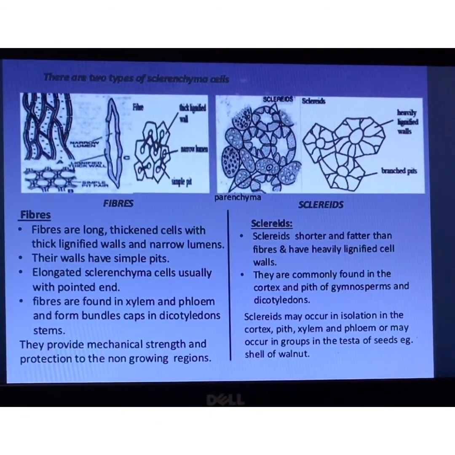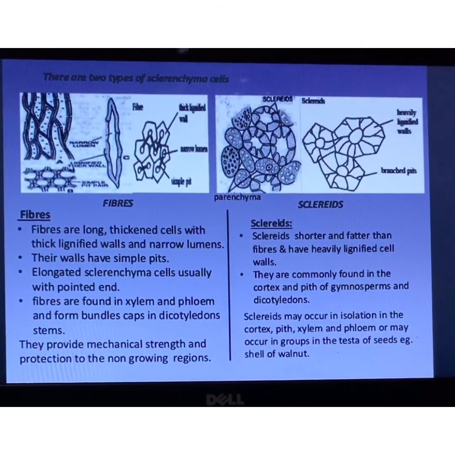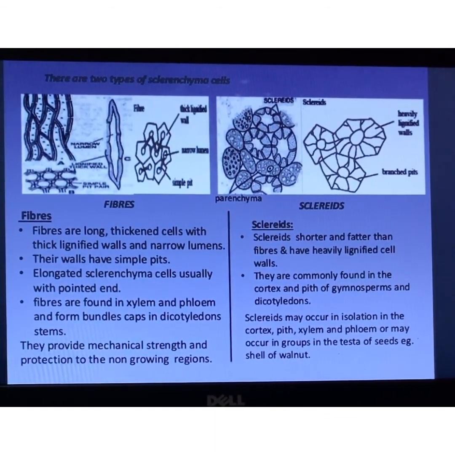Then the fibers are found as I mentioned in xylem and phloem. Now xylem and phloem, these words are new for you. Don't worry. Soon we will be covering them up. These are the complex permanent tissues that we will be studying in our next video. So these fibers are also found in the xylem and phloem because, as I told, they are providing the lengthwise support to the plants.